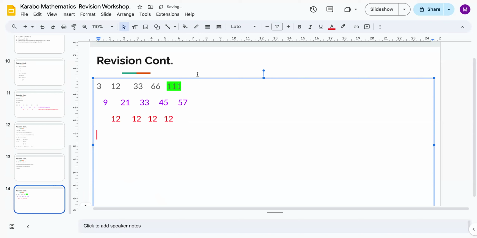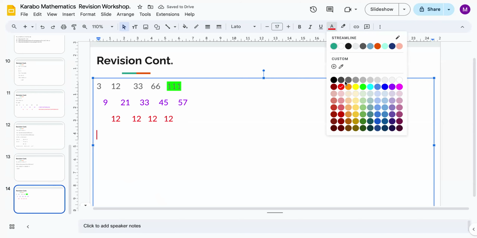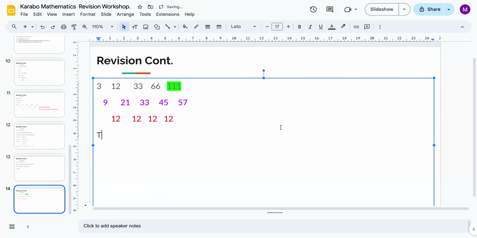And as a quick reminder, I'll write down what the general term is for quadratics. Tn is equal to an squared plus bn plus c.